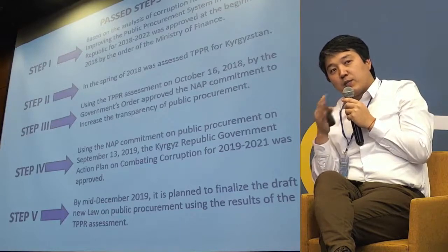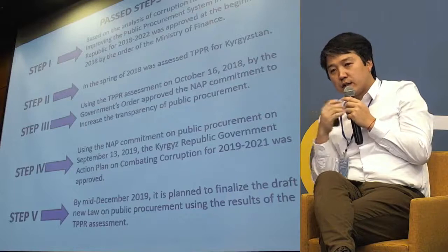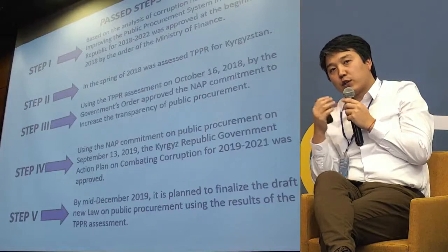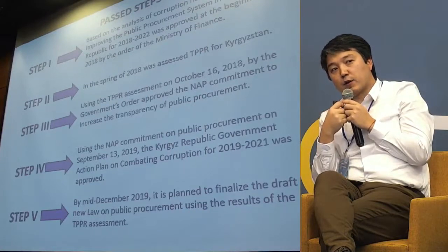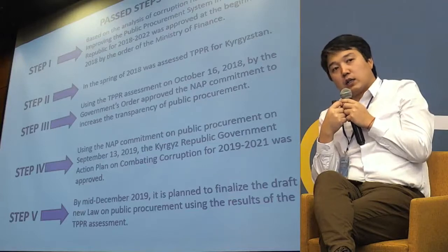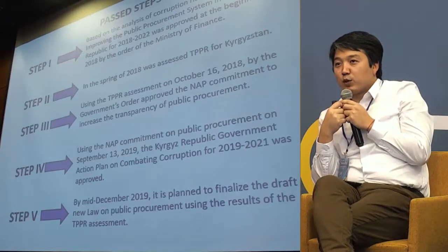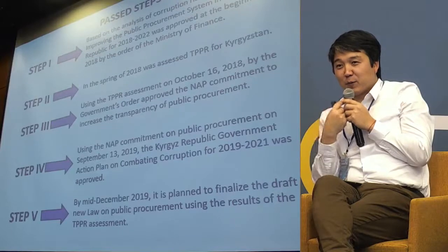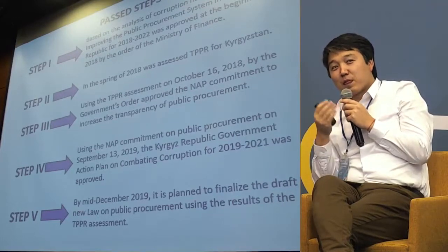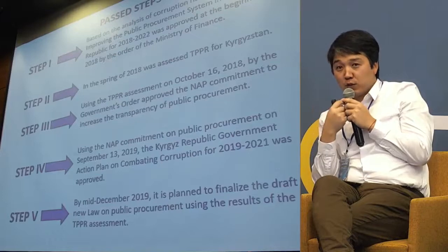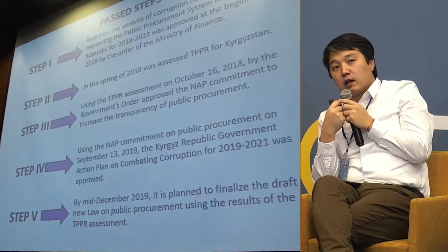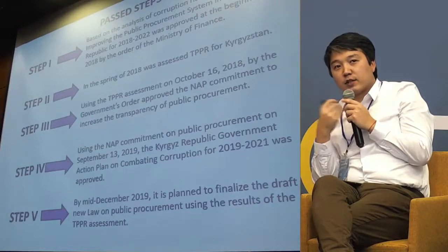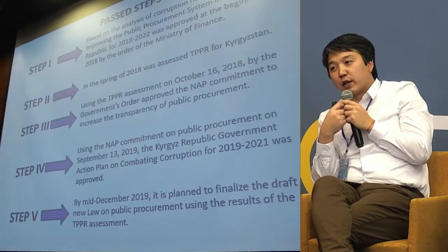And by mid-December 2019, it will take about 2 weeks, we will try to finalize the draft new law on public procurement. I think it would be the first time in the Kyrgyz Republic that civil society will prepare a new law on public procurement pro bono, and this draft law will be considered by the government. So I think it is one of the good practices in Kyrgyzstan.